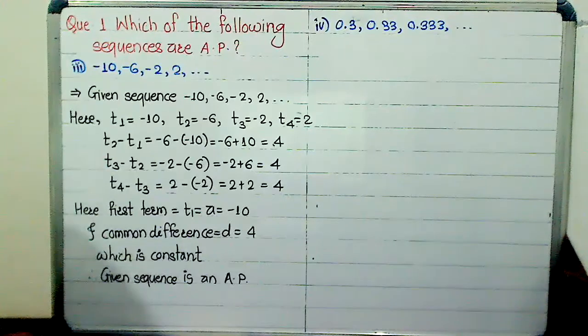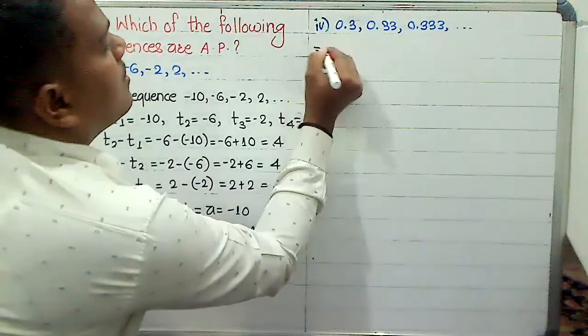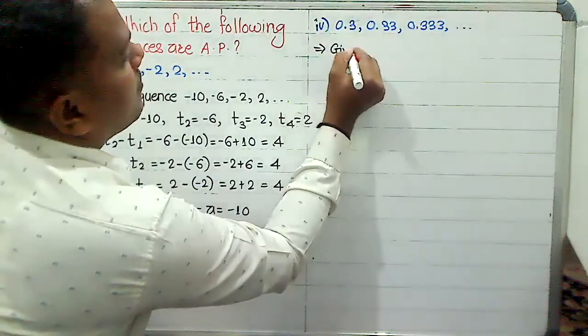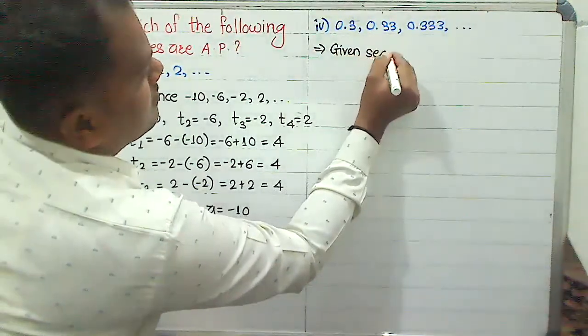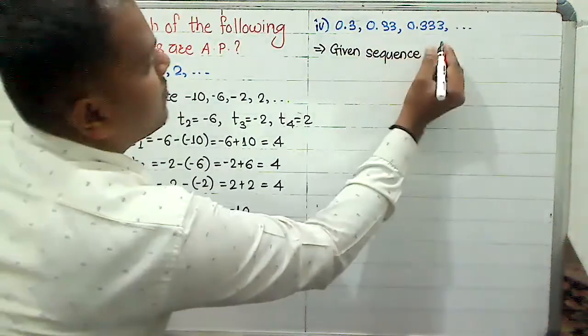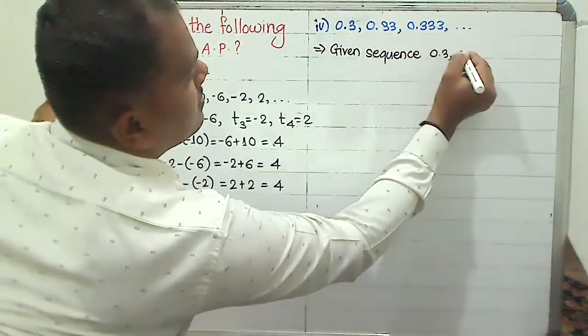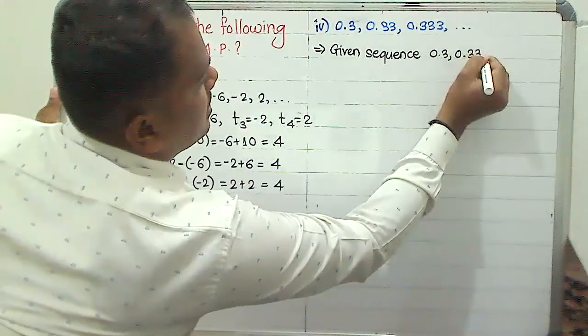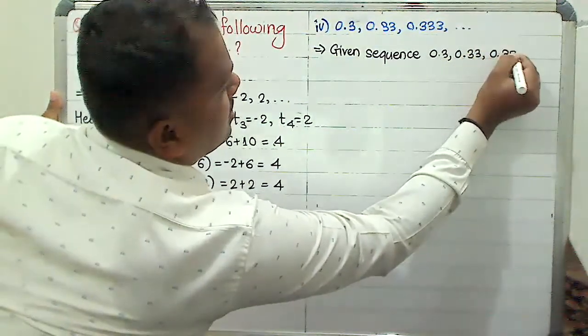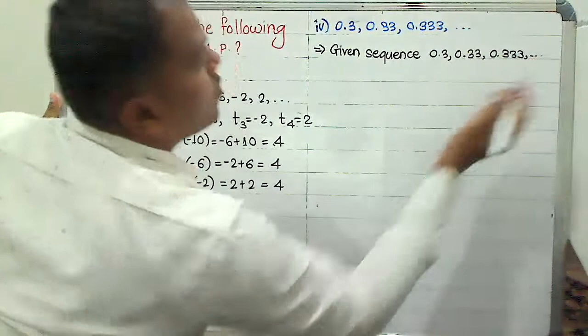Now the next sequence is 0.3, 0.33, 0.333, and so on. So first of all, write the given sequence. Given sequence 0.3, 0.33, 0.333, and so on.